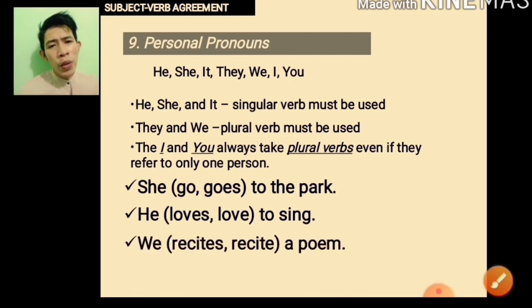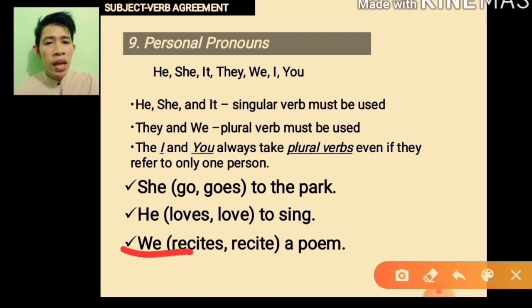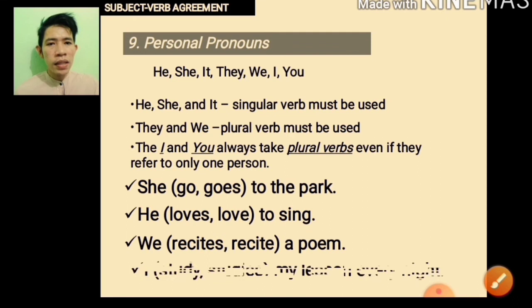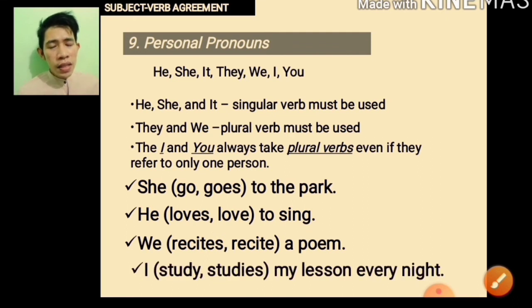How about this one? We recite a poem. So in this scenario, the subject here is we. Ano nga po yung sinabi sa rule? Kapag they and we, ang verb na gagamitin is plural. So ano ang verb natin? Recite. So it should be, we recite a poem. That's the correct sentence. Another example, I studies my lesson every night.